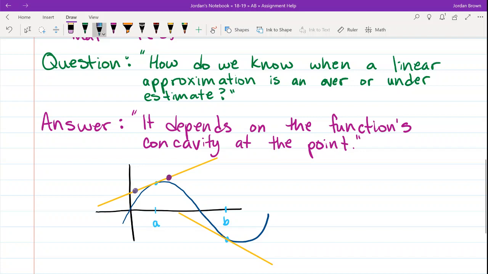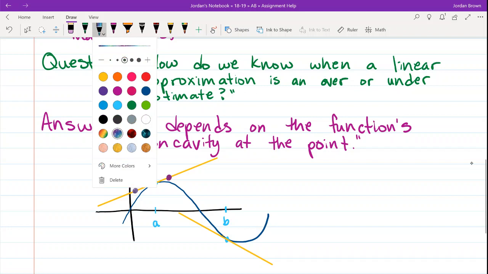Yeah. So in this area, it is concave down. Let me make this smaller. Okay.